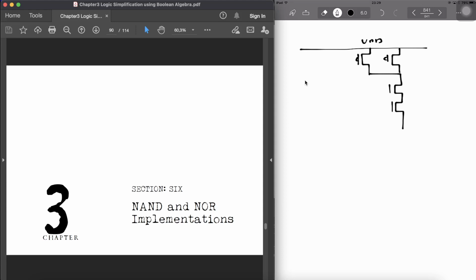Okay, so this is connected together, and these two inputs are connected together. Let's say this is A, and let's say this is B. So two ways of implementing it, and this is the ground.